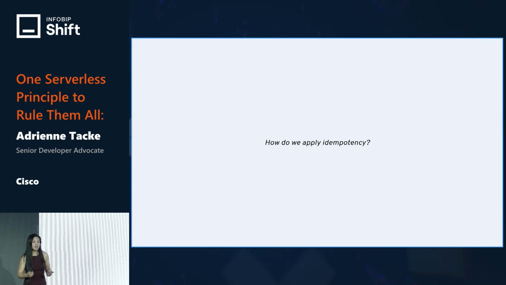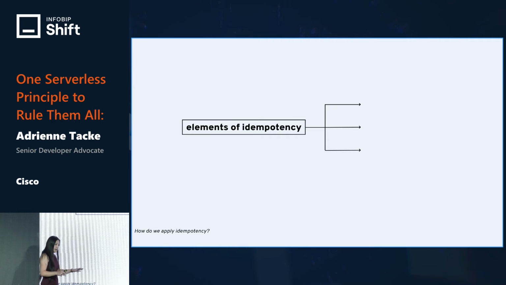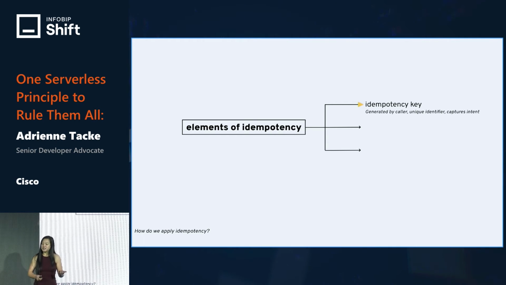So how do we actually apply idempotency then? If we know how problematic this is, if we want to ensure that no matter how many times this has been run, we only get 1 cake, how do we do that? Well, there is the most generalized way of understanding idempotency, and there are 3 parts to it. The first is an idempotency key. This is something that is usually generated by the caller.